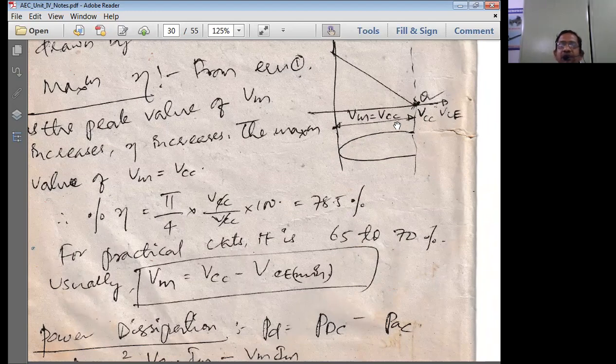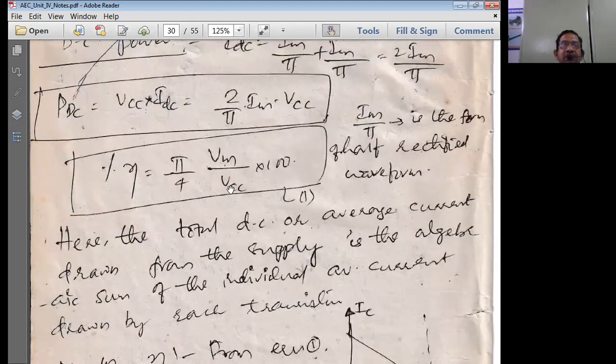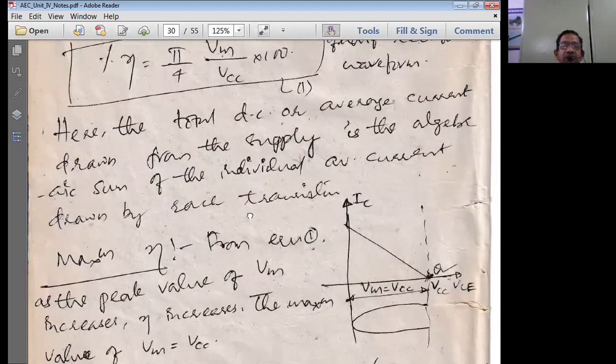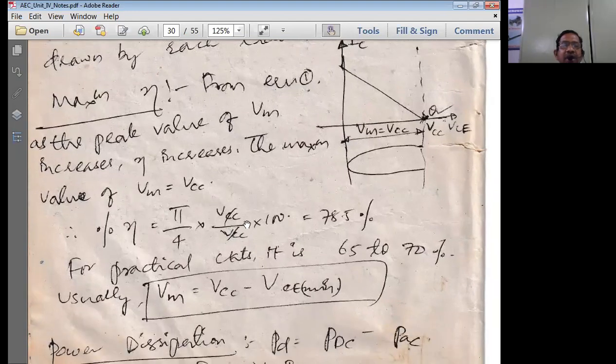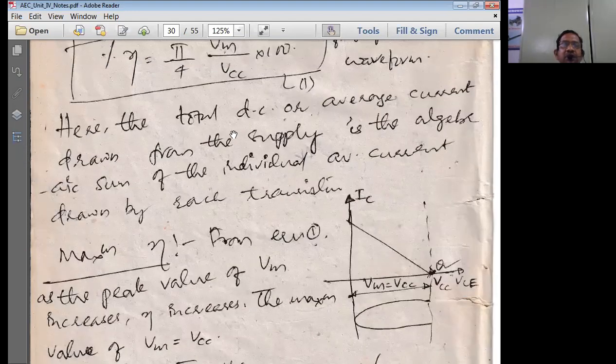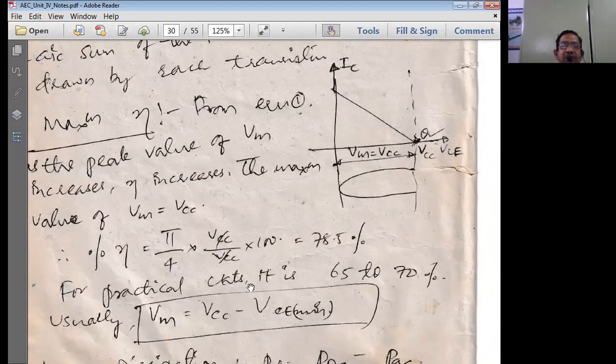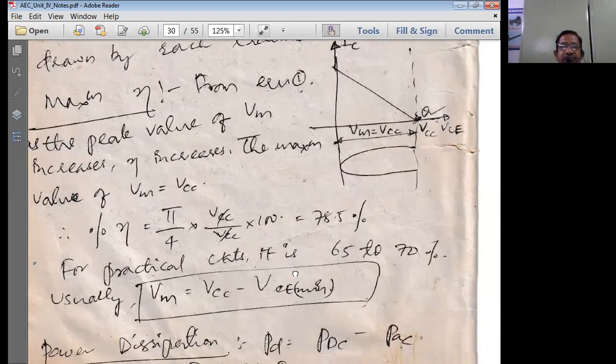Vm becomes equal to VCC. So therefore, instead of Vm, I can write VCC by VCC into 100. So it is pi by 4 into 100. Pi by 4 is nothing but 0.785. So into 100, that is 78.5%.